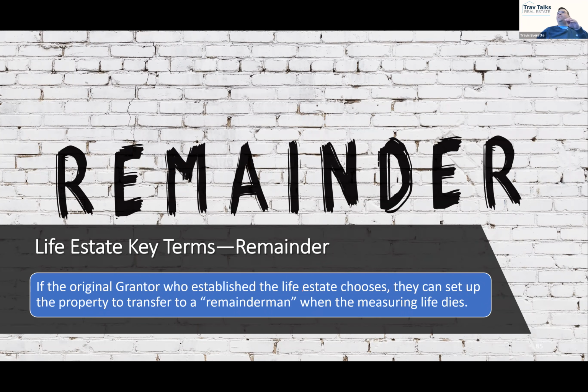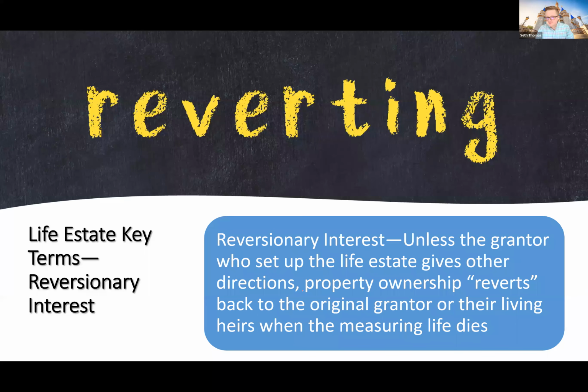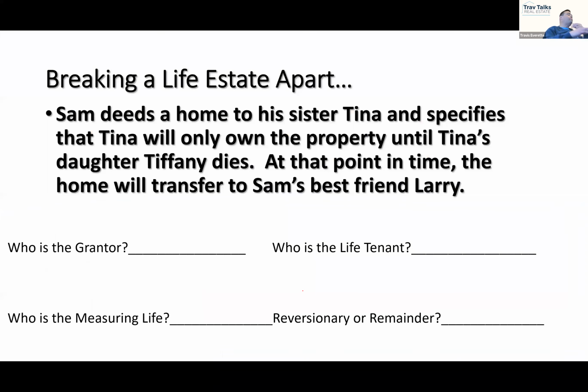If you can look at the deed and you know the answer to who remains at the end, it's remainder. If you can't look at the deed and the deed doesn't tell you, it's what? Reversionary.